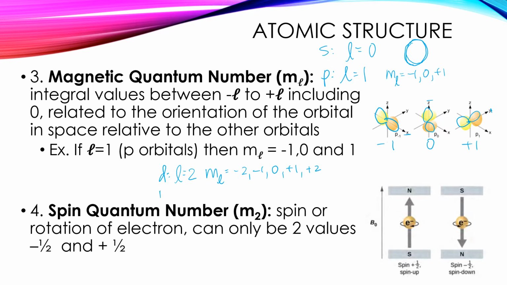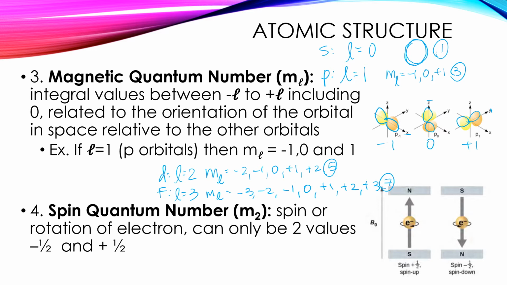And then finally for F, which is L equals 3, M sub L is negative 3, negative 2, negative 1, 0, plus 1, plus 2, plus 3, which tells me that there are 7 total F orbitals. So we have 1 orientation of an S orbital, 3 orientations of a P orbital, 5 of a D orbital, and 7 of an F orbital.